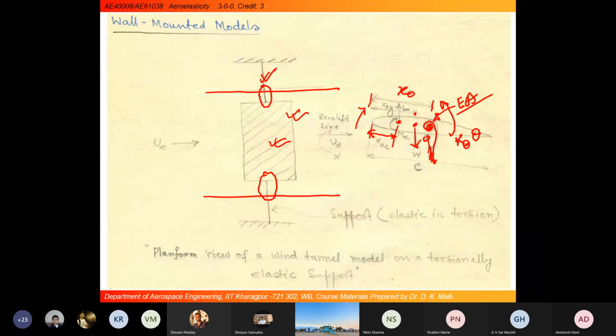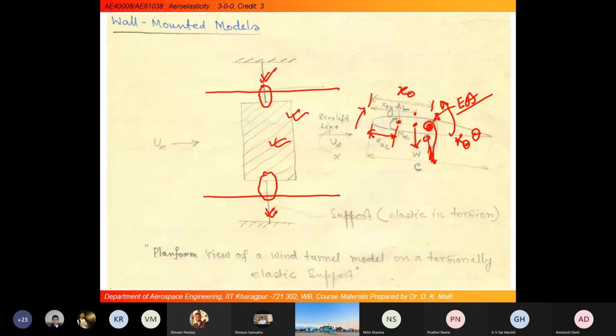Initially we give some angle of attack, called the rigid angle of attack, which we can change by rotating the position of this rod.